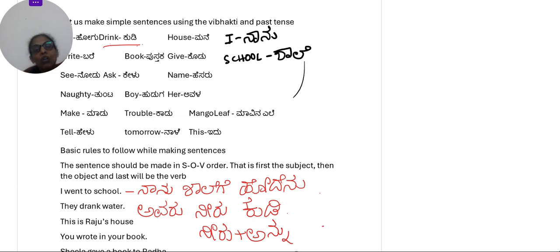So again, what is the rule? You will do kudi plus, remember, de is the suffix for past tense. And who is doing the work? It is they. So they is like the third person plural. So aru you have to add. Okay, for third person plural, it will be aru.